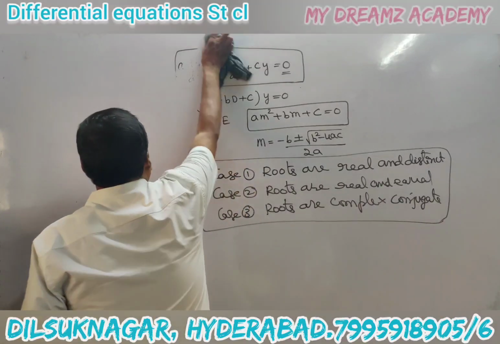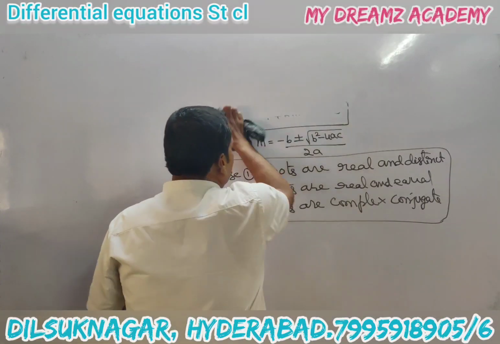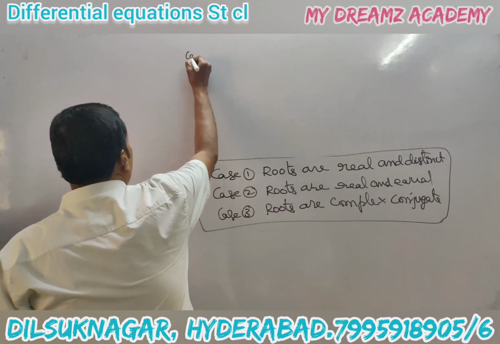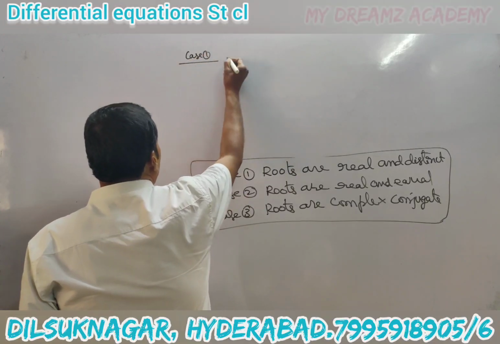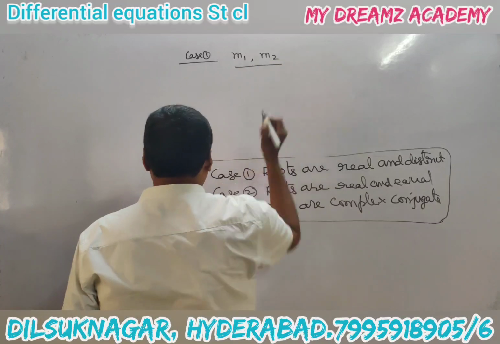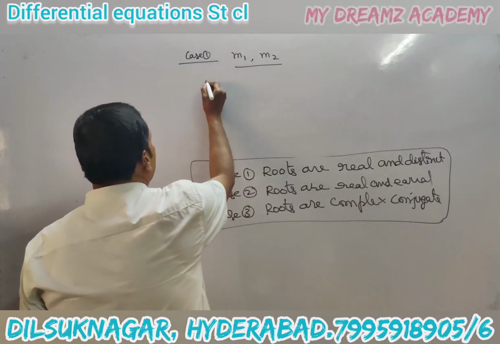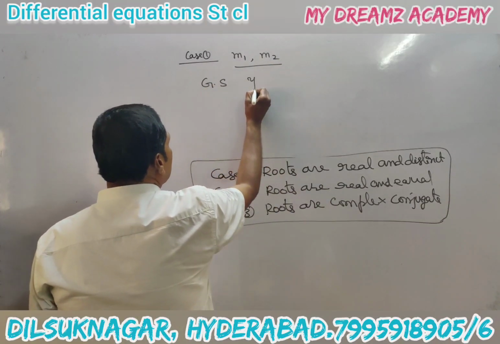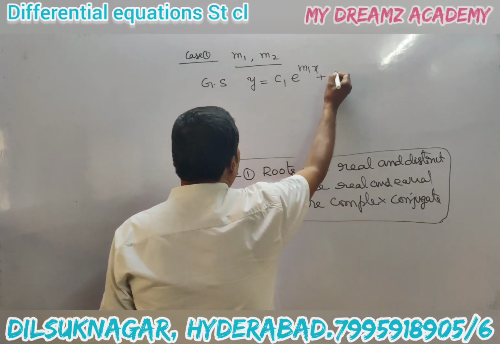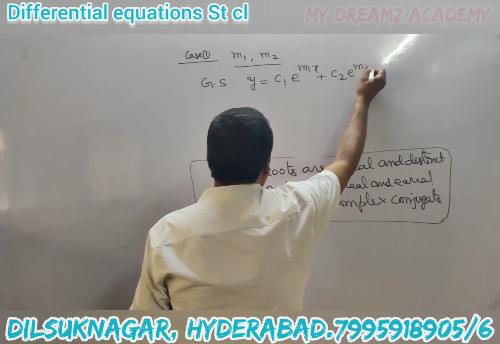See here, if the roots are real and distinct, case 1, those 2 roots are m1, m2. The general solution is y is equal to c1 e power m1x plus c2 e power m2x.